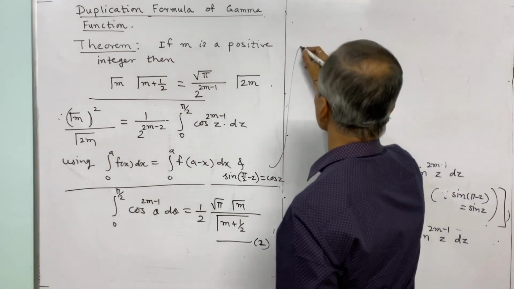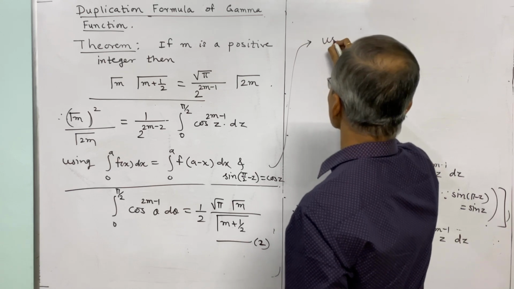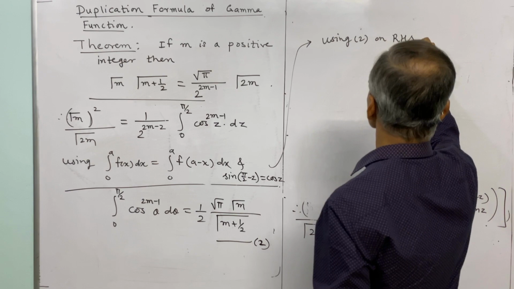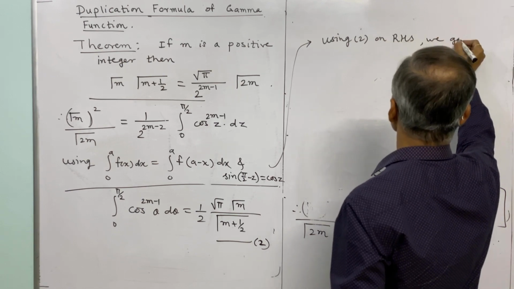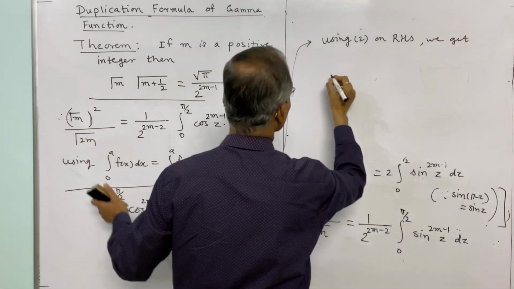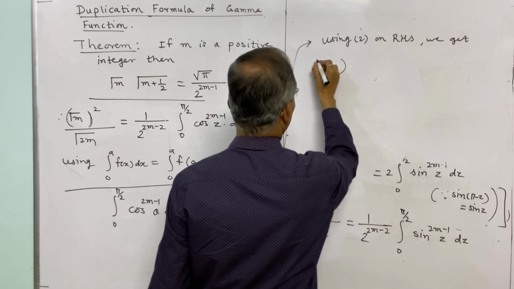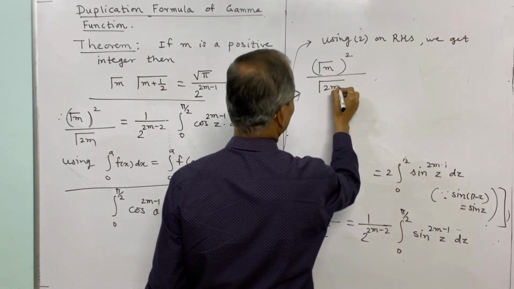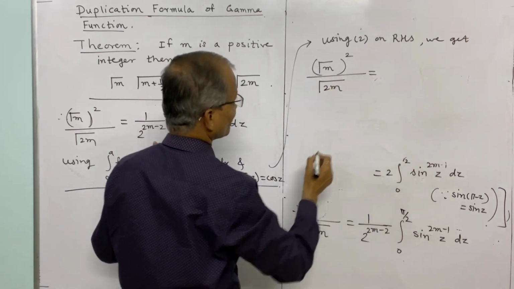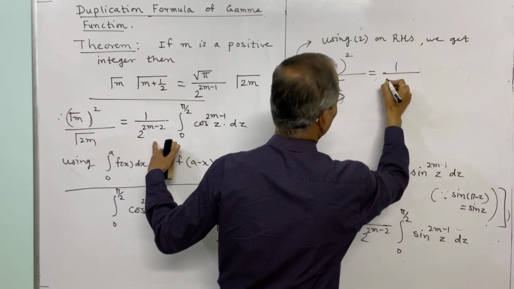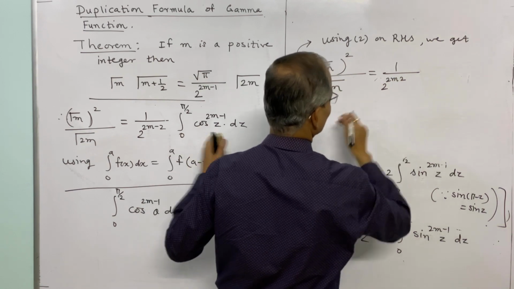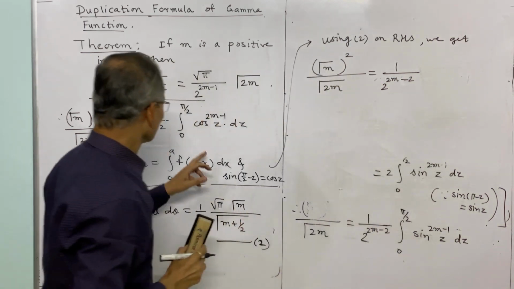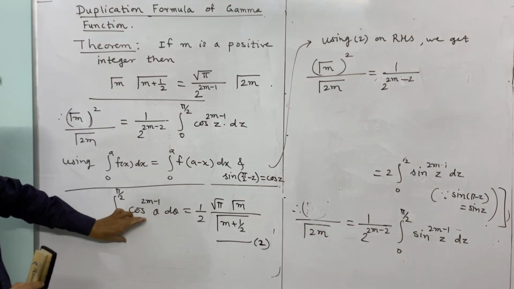Now I shall write here. Using the second result on the right-hand side, we get: the left side is gamma of m whole square divided by gamma of 2m, equal to 1 over 2 to the power 2m minus 2, and this integral 0 to pi by 2 is exactly the same here.